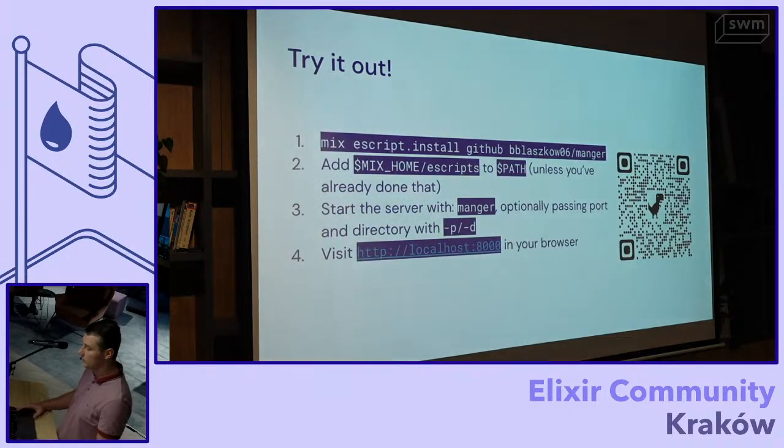So yeah, that's okay for me. And if you want to try it out, it's already there on GitHub. This QR code will take you to the repo with the README, and this command will download, build, and create an escript. There is a bit of a downside to using escripts: you still have to have the proper path added to the PATH environment variable.